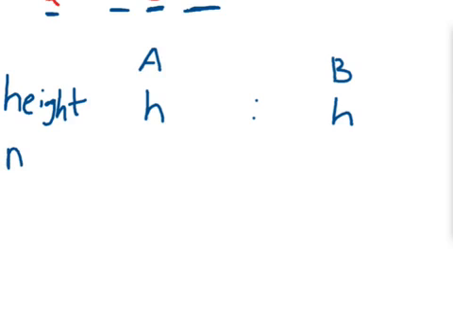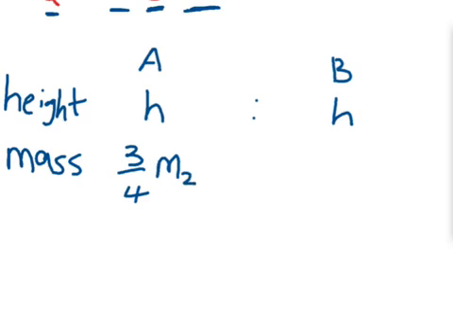We are told that the mass of A is 3/4 of that of B. So let's say B is M2, while A is 3/4 of M2.